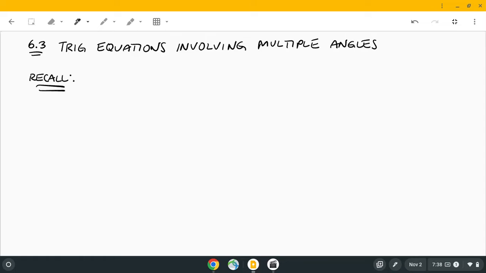In the previous section, you had to solve something that looked like this. This had a multiple angle, cosine 2 theta plus cosine theta equals 0. So this is an actual example that we did in the last video, where we actually rewrote this cosine 2 theta.